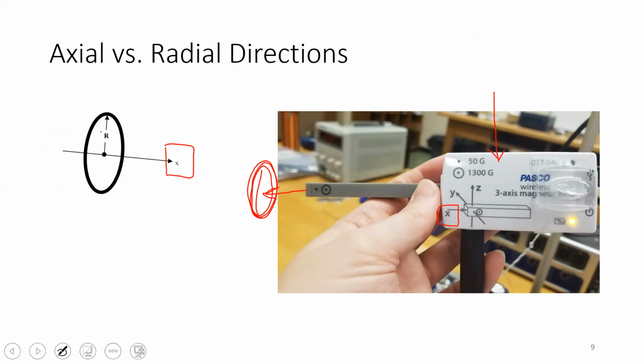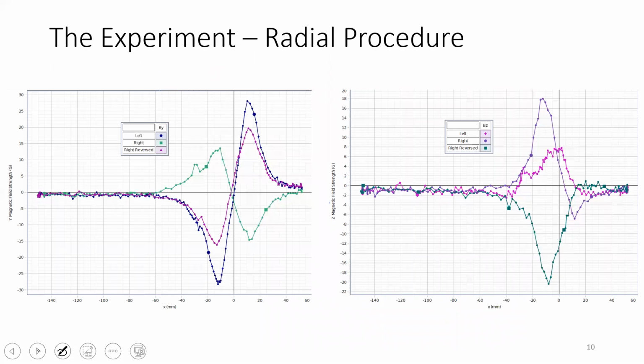Well, I write the radial direction in this way on my little image, but on my sensor, you'll notice that I have two other directions here. So I can have a Y direction or a Z direction with this sensor. So I actually want to look at both those directions when I'm looking at the radial direction in this experiment. Okay, so that's what this looks like. I am looking at both the Y and the Z direction.